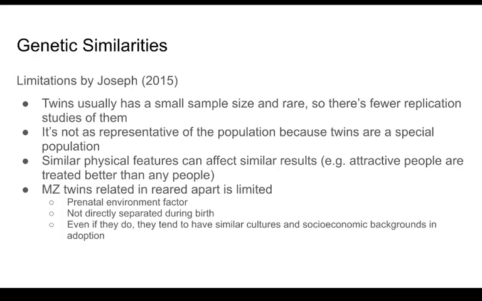Okay, so I thought this was worth discussing because this is taken from the Oxford book, and they offered really interesting limitations that you can take from when you're writing your ERQ. Some of these are regarding twins and adoption. So the first is that twins usually have a small sample size and are rare. So there are fewer replication studies and fewer opportunities for researchers to look into these studies.